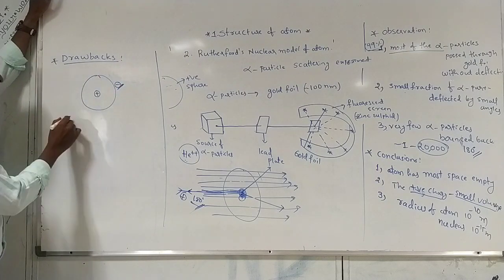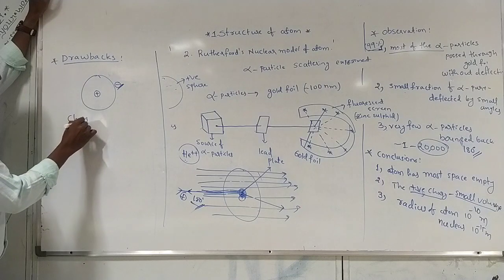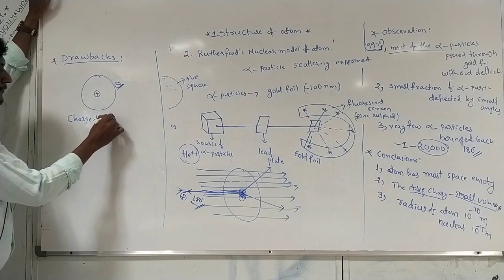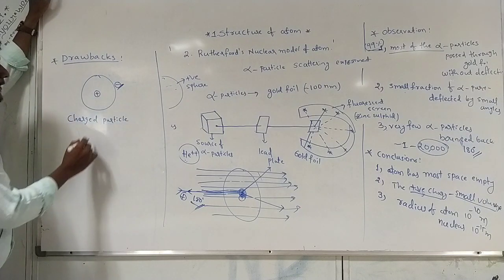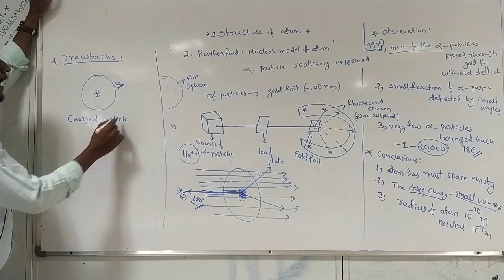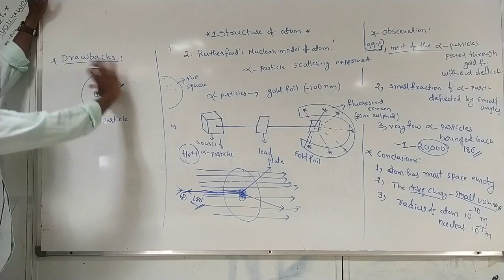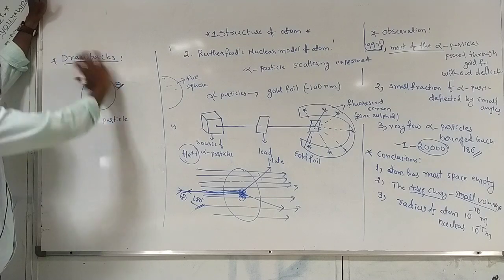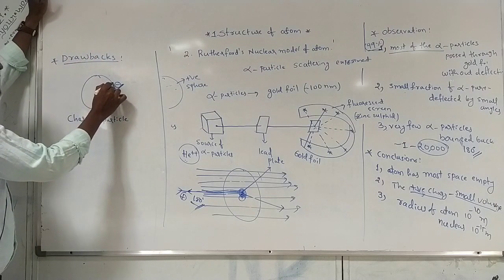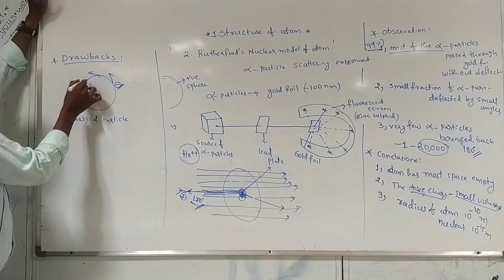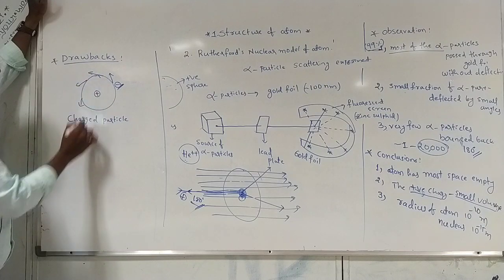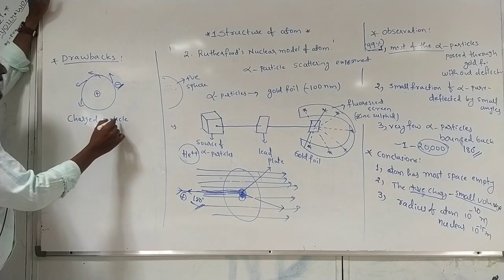The electron is a charged particle, and a charged particle under acceleration changes its movement.